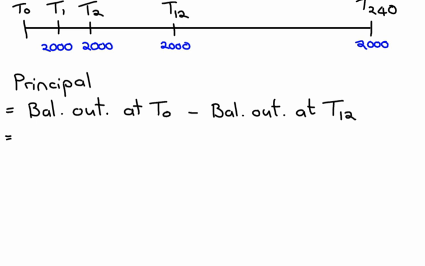Balance outstanding at T0, well, that's 100,000. At the beginning, we still have to pay all of that. And we're going to subtract the balance outstanding at T12.